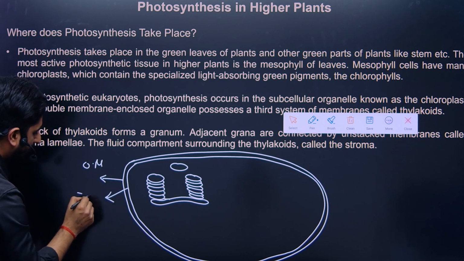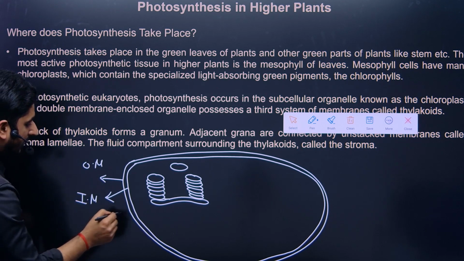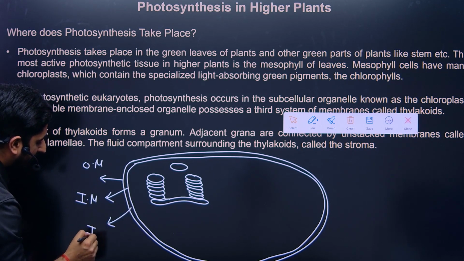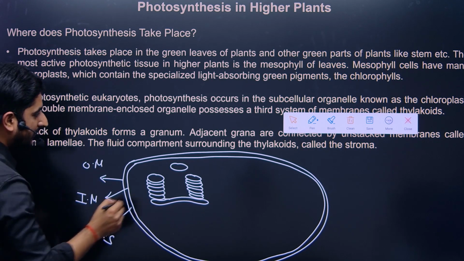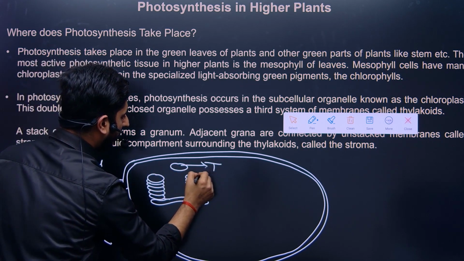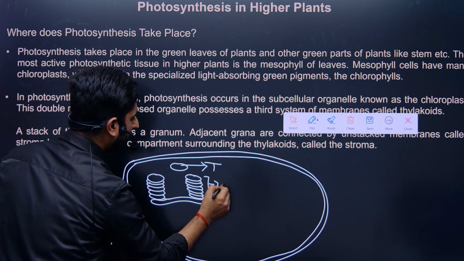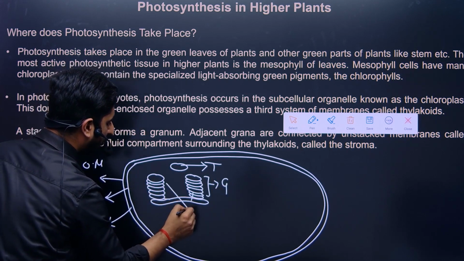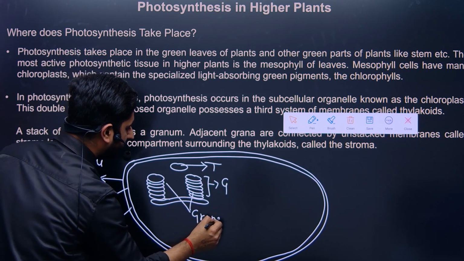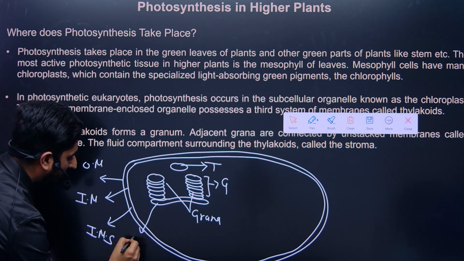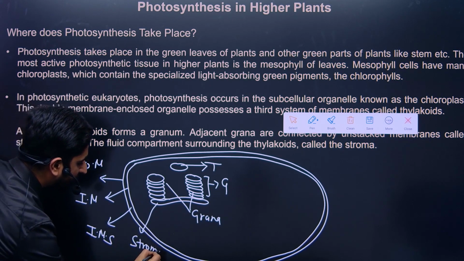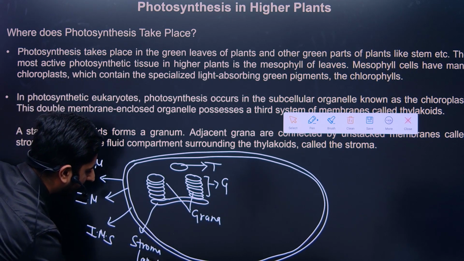This one is your inner membrane. This is your intermembrane space. This is your thylakoid. This singular is your granum, and these two together are grana. This is a stroma lamellae.